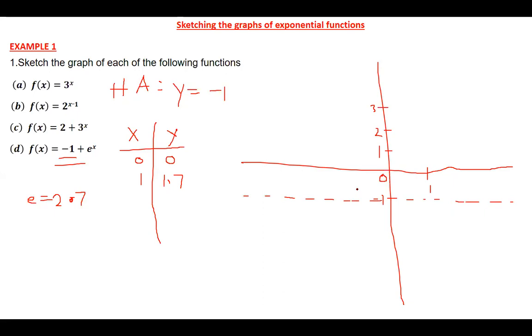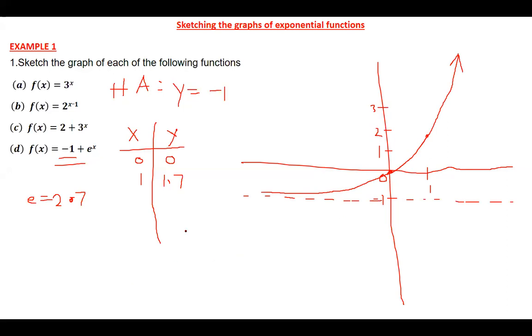That is our horizontal asymptote. And then we plot the values. 0, 0 is just there. And then we have 1, 1.7, which can be somewhere there. So now this is how the sketch is going to come out. This is how it's going to be sketched.